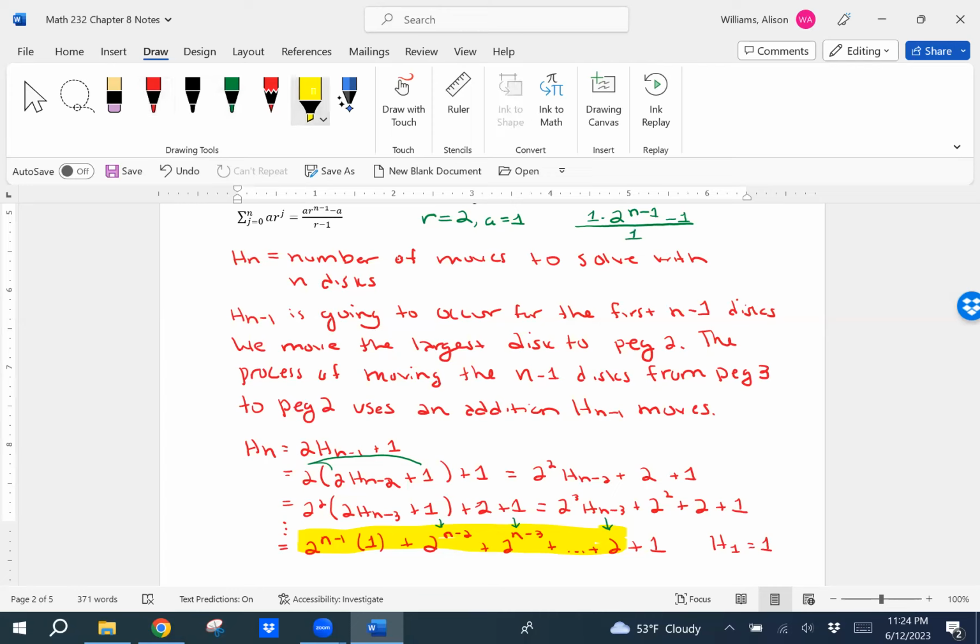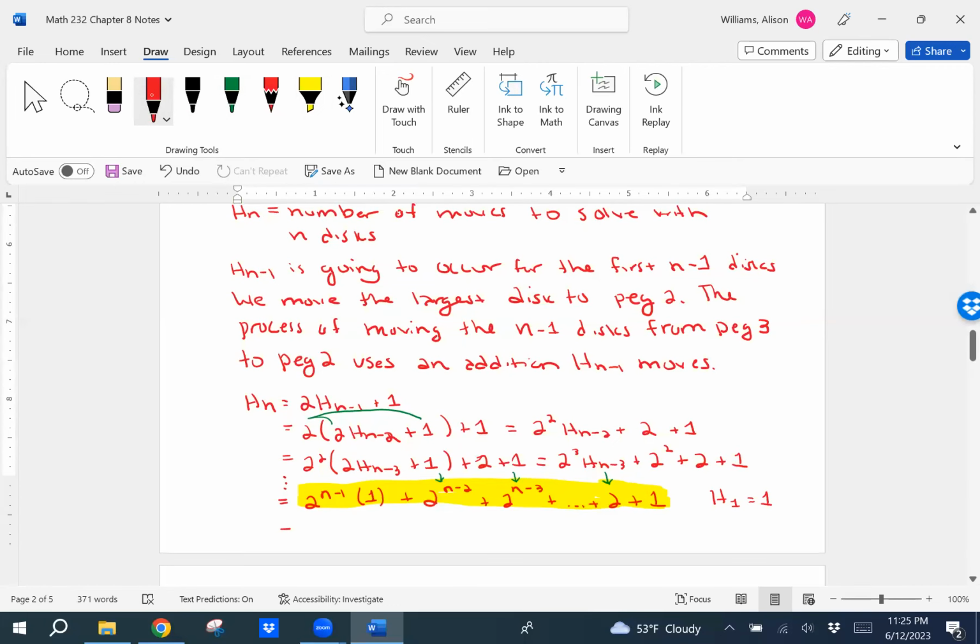Oh, sorry, this does include the 1. I just realized I forgot to highlight the 1, the 1 being the 2 to the 0 term. Sorry, so that's the whole sequence. I apologize. So this all equals 2 to the n minus 1 using that geometric summation formula. Oh, sorry, 2 to the n minus 1 minus 1. There we go.